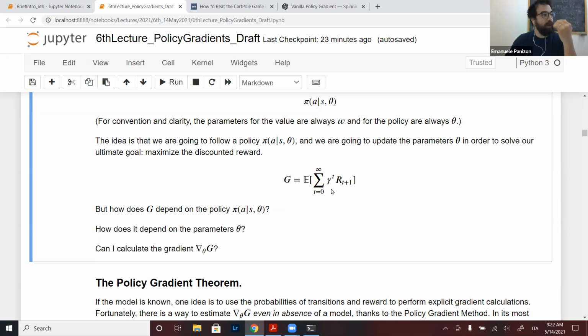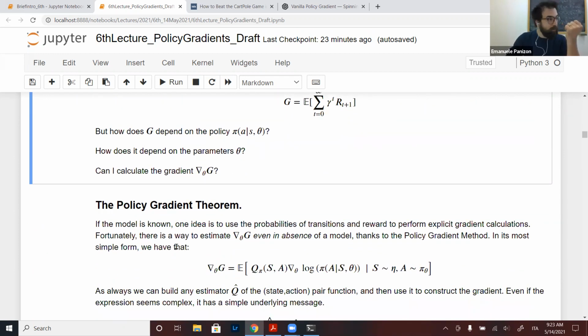So now we have to understand how to connect the policy directly with this ultimate goal. How does this goal depend, mathematically and analytically, on the policy, and therefore on the parameters theta? This boils down to the question: can I calculate the gradient of this value G with respect to the parameters theta?